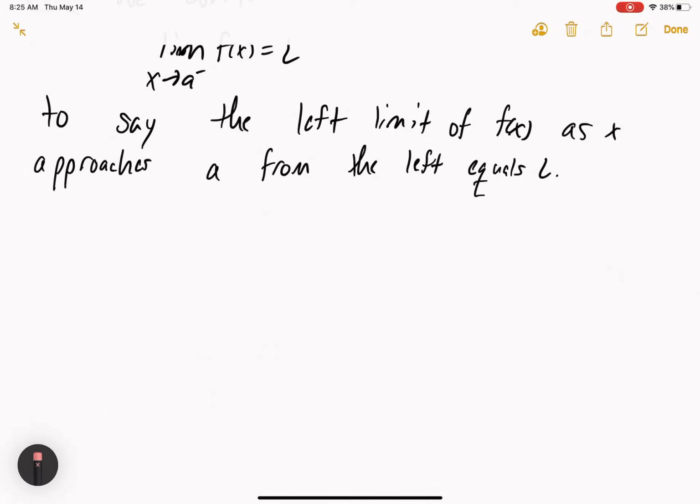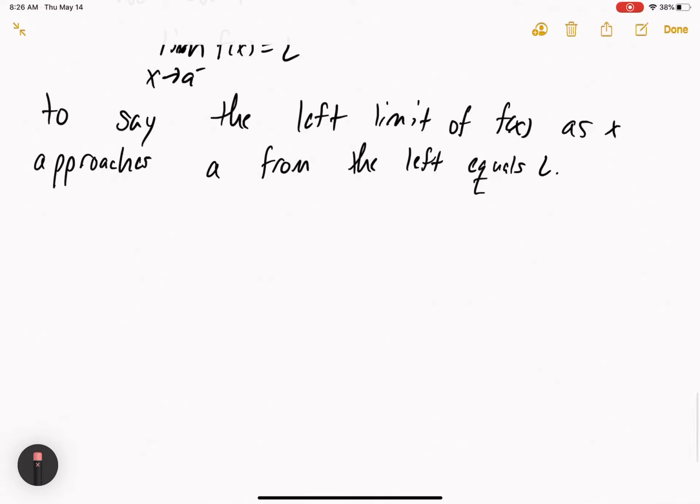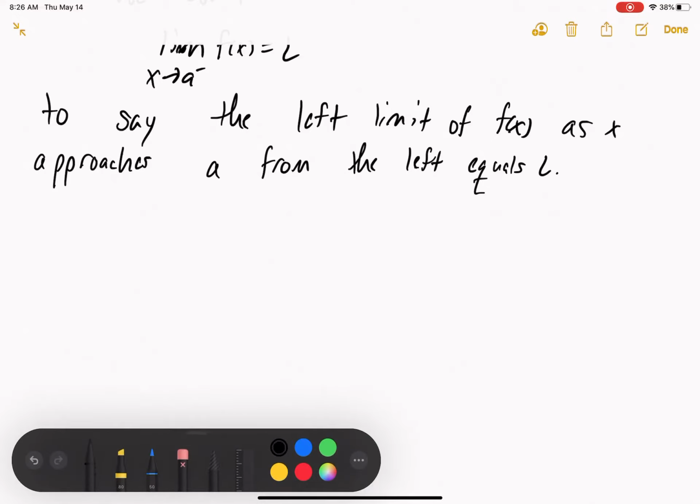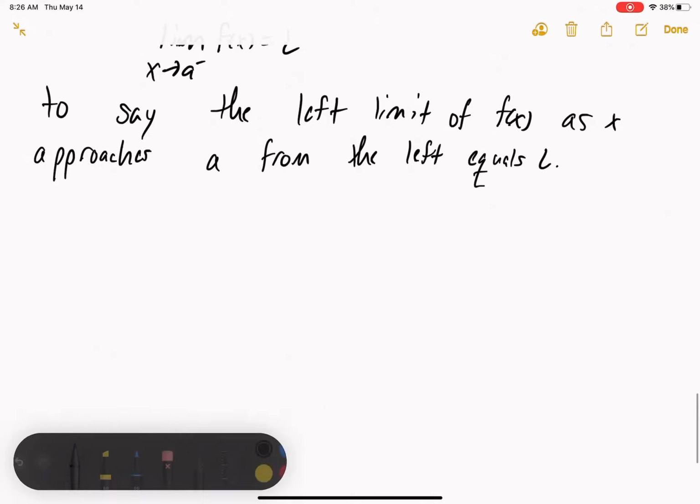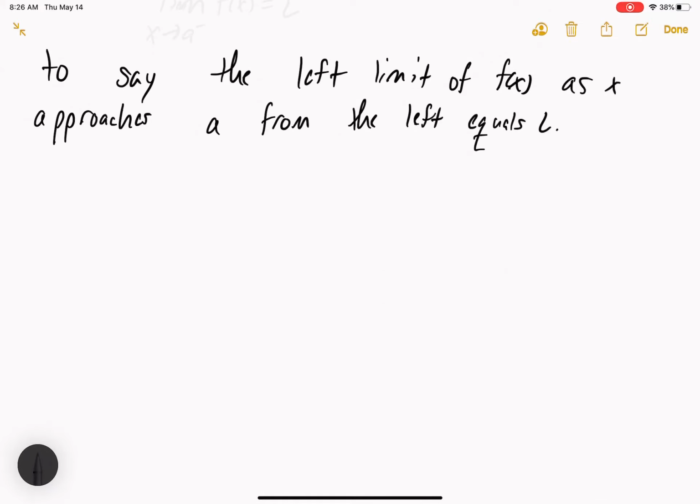All right, so as we have the left-hand version, we also have the right-hand version. People say left-hand, right-hand, it doesn't really matter, up to you, as long as it's clear, it's either the left or the right.